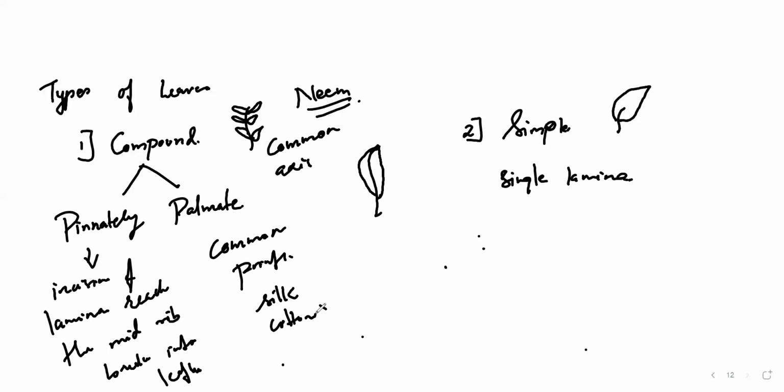So depending upon whether it's a compound leaf or a simple leaf, there are certain arrangements you will find in the leaf system. There are different patterns you will see in different plants. Those patterns of leaf arrangement are termed phyllotaxy.